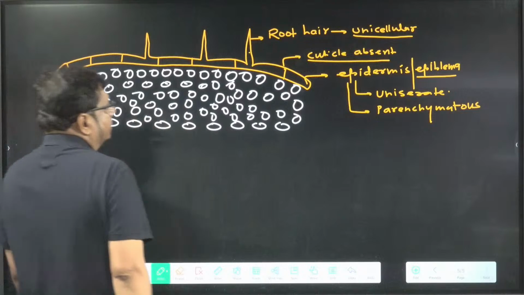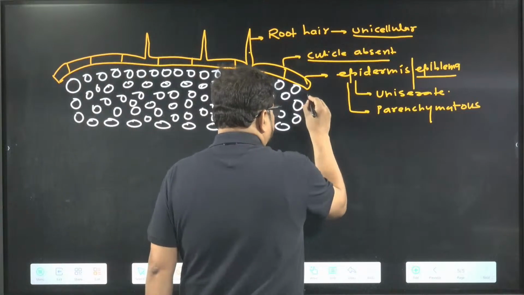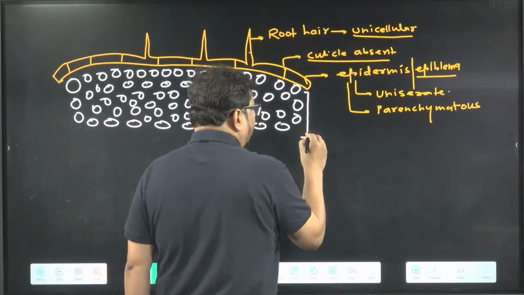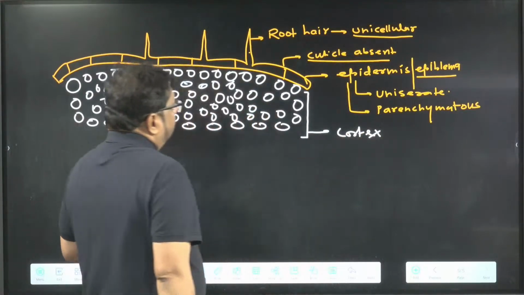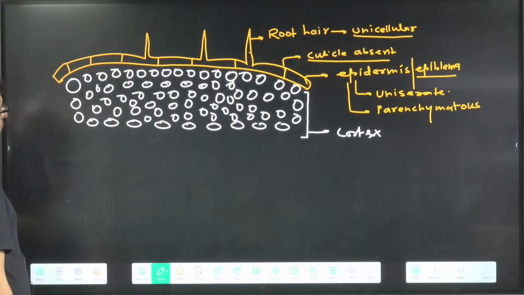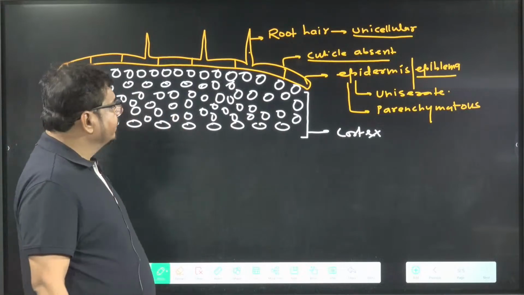Getting the idea or not? So these layers are called the cortex. After the epidermis, the cortex is there.